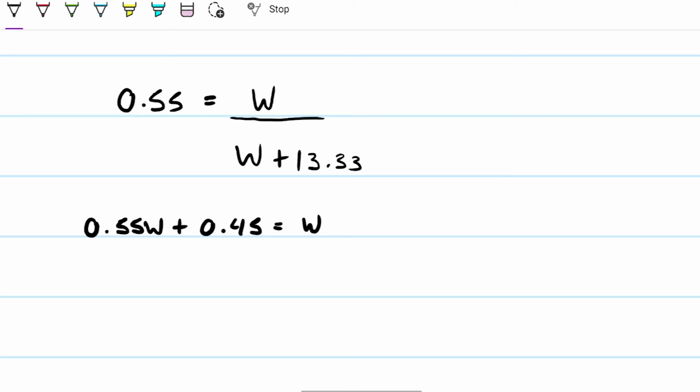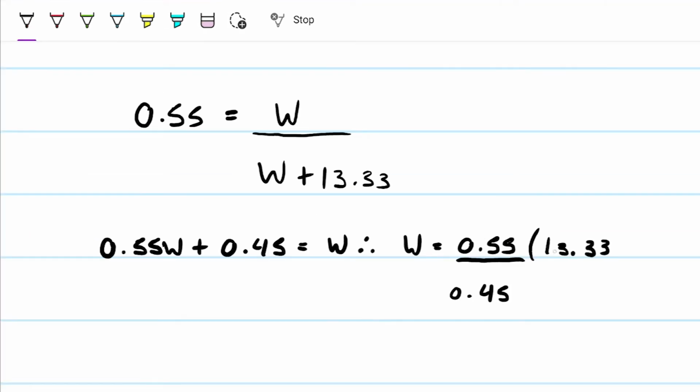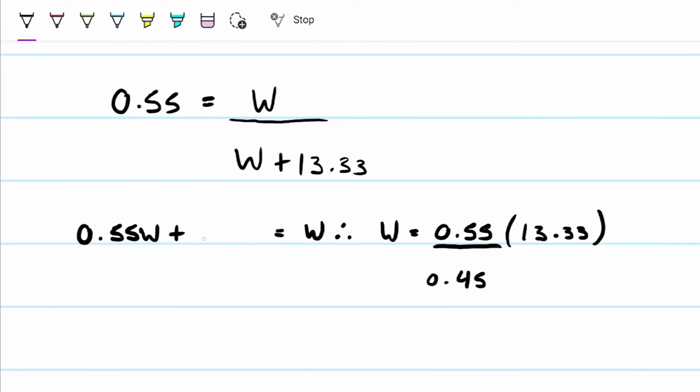So therefore, work will be equal to 0.55 divided by 0.45 multiplied by, this makes more sense, 13.33. Yep, that makes sense. Cool.